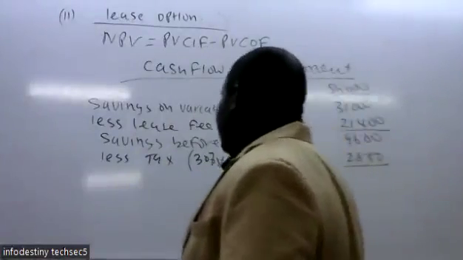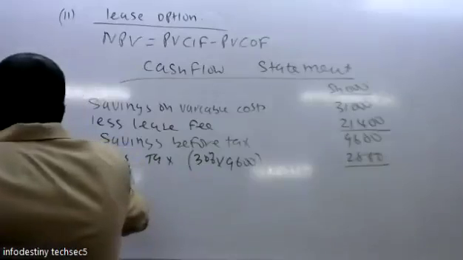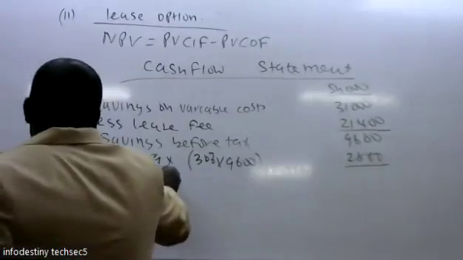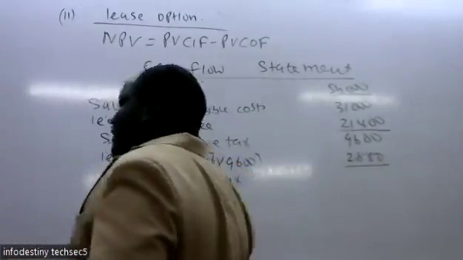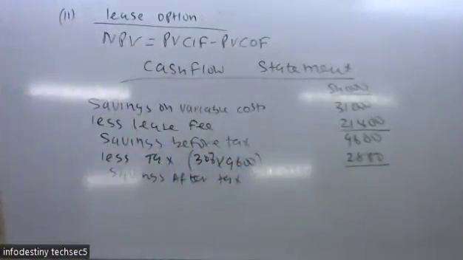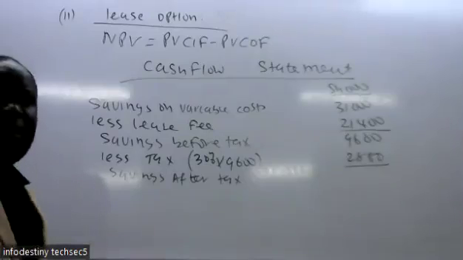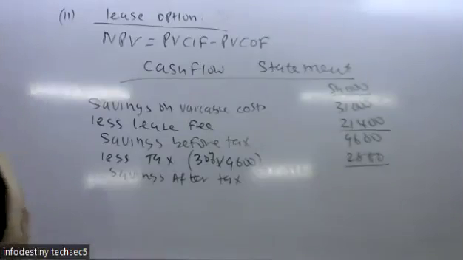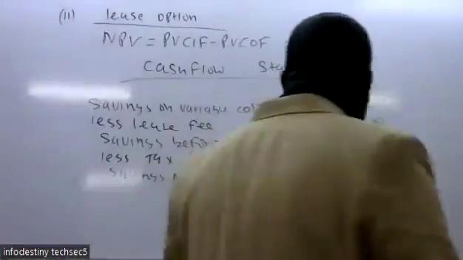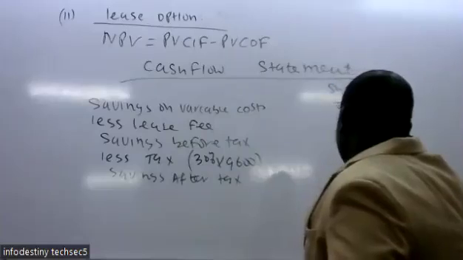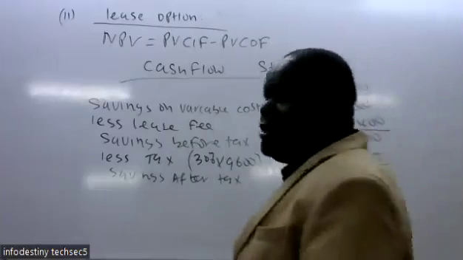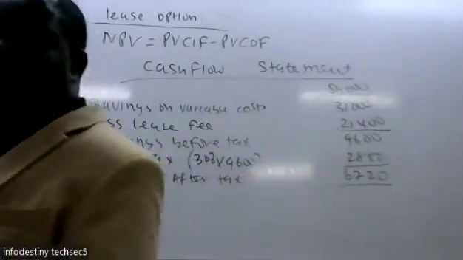When you minus, we get the savings after the tax, which will be the same as our annual cash inflows: 6,720. So that is now our cash flows we are going to discount.